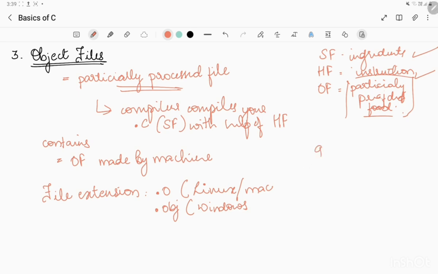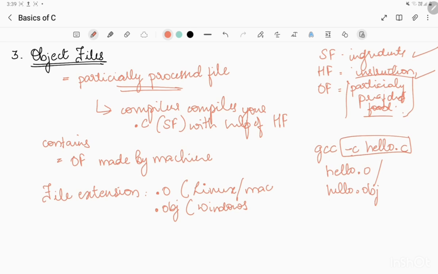How do you compile it? It is gcc hello.c. This is basically telling the compiler to compile hello.c. After compilation, what do we get? We get hello.o or hello.obj in case of Windows.